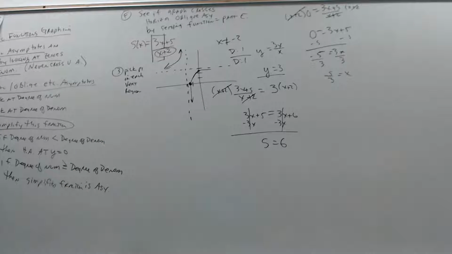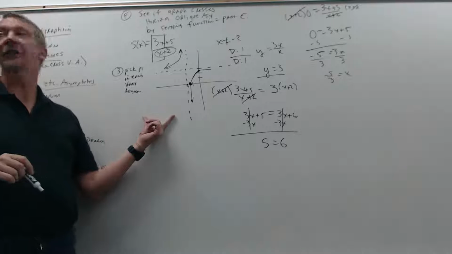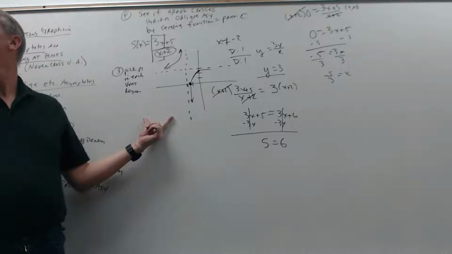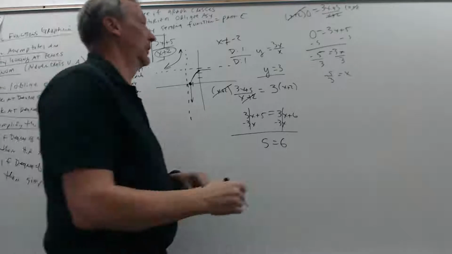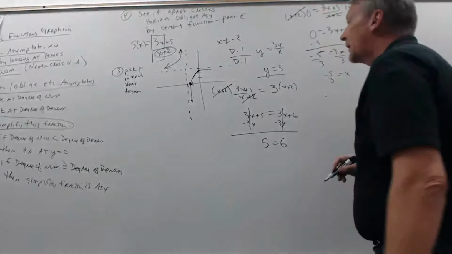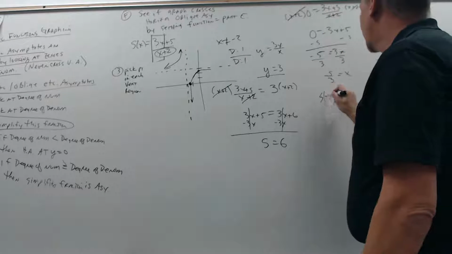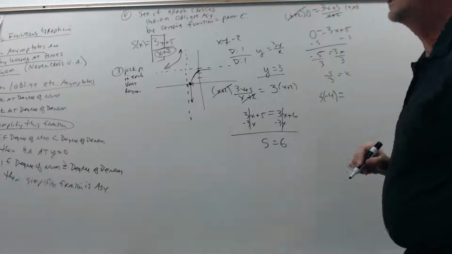Now, if you're not sure, how do you prove that? Pick a number on this side, such as what? -4. I would have picked -3, but it doesn't matter. S of -4 equals what?